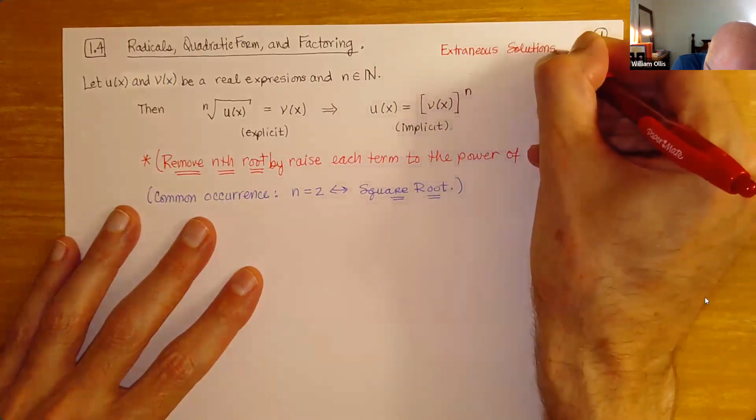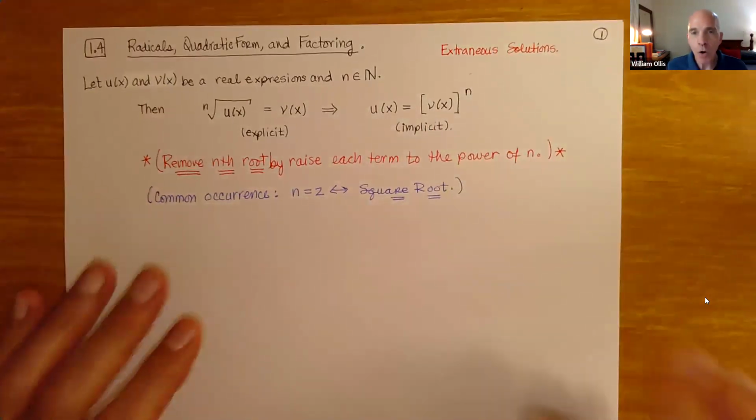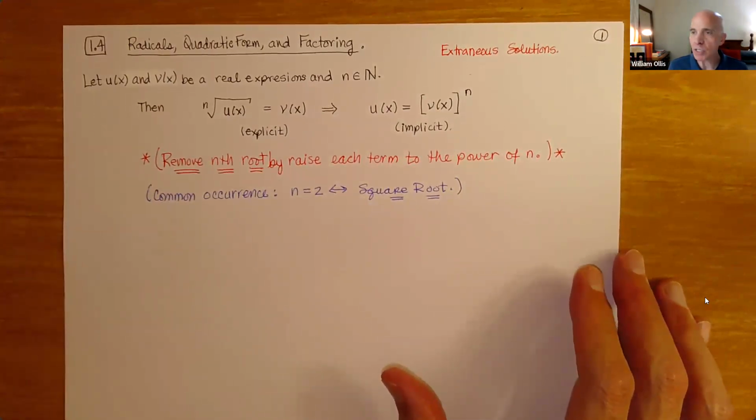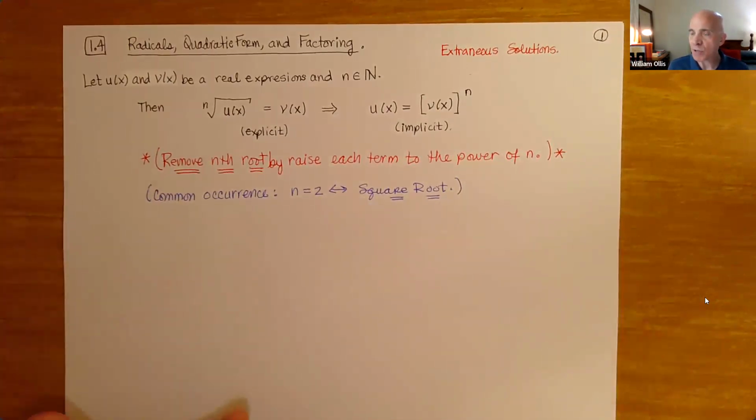The idea is we know of techniques to reduce the complexity of an equation that don't necessarily introduce extraneous solutions. But when we actually square both sides of an equation, the possibility is there.